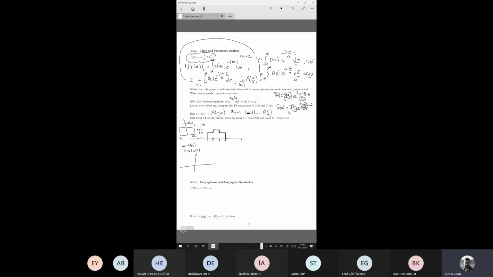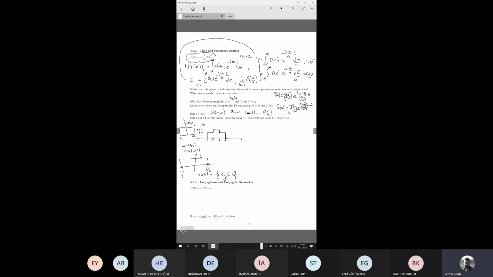So you can check this. Remember rect t was non-zero for t in the interval minus 1 over 2 to plus 1 over 2. So what about rect t over 3? If I put here t over 3, then this 3 can come here and go there. So rect t over 3 is non-zero from minus 3 over 2 up to 3 over 2. So this is my rect t, and this is 1.